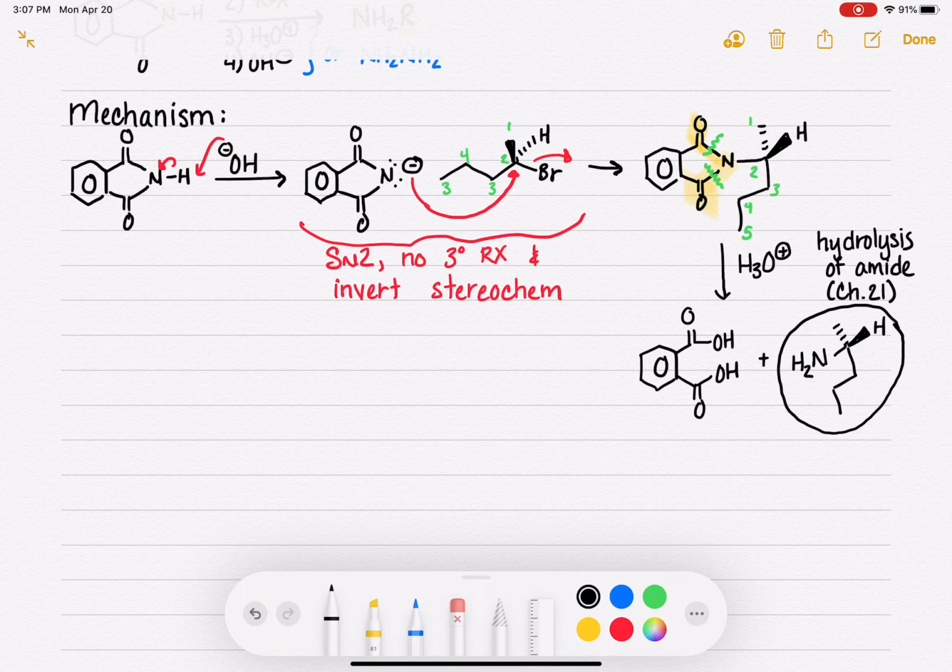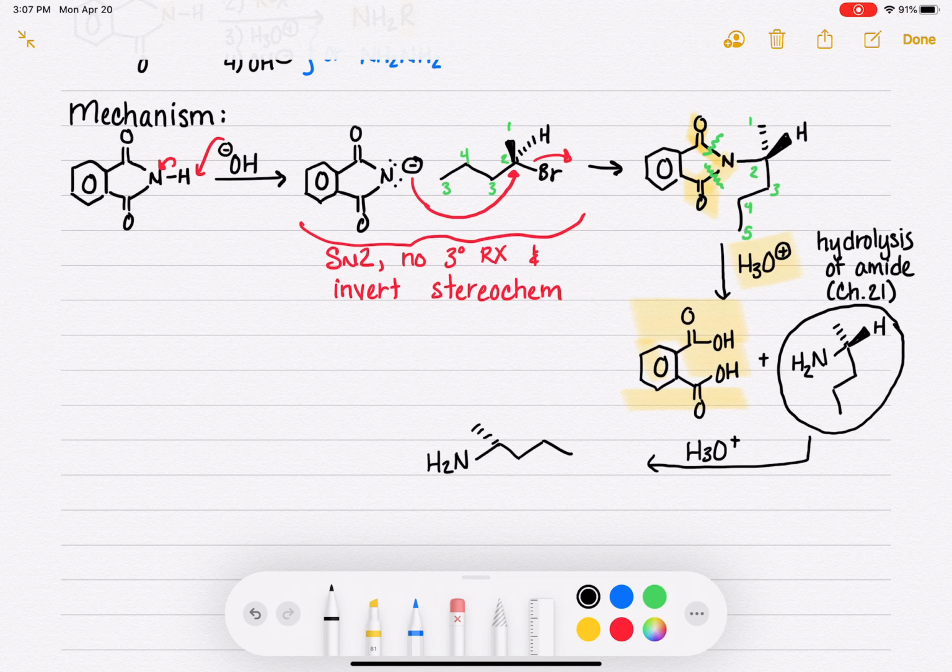However, if you were actually doing this in the lab, because you have this carboxylic acid that you just made, plus you probably have some unreacted acid left over, that acid is going to protonate the beautiful amine that you just made. So I'm going to start by just drawing my amine, 2, 3, 4, 5.